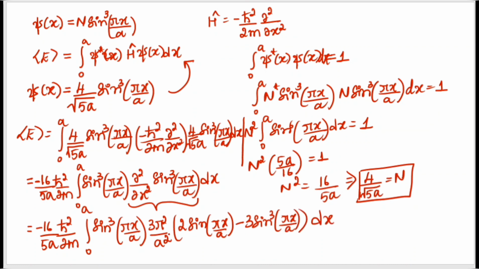On solving this equation, I am getting 16 divided by 5a into minus h cut square divided by 2m into, I'm taking 3 pi square divided by a square out of the integration. Why? Because it is a constant.